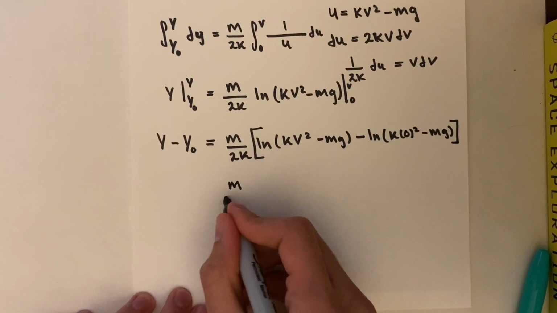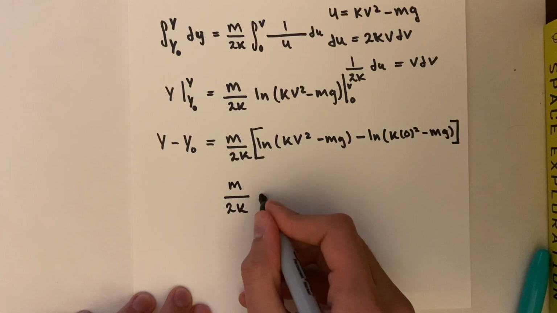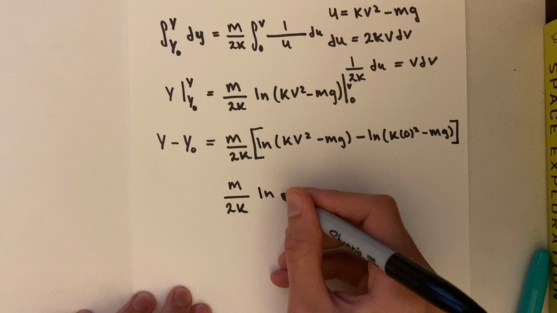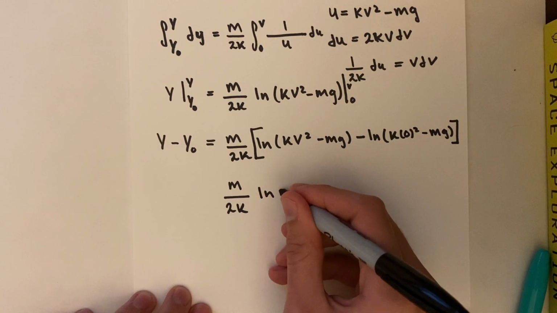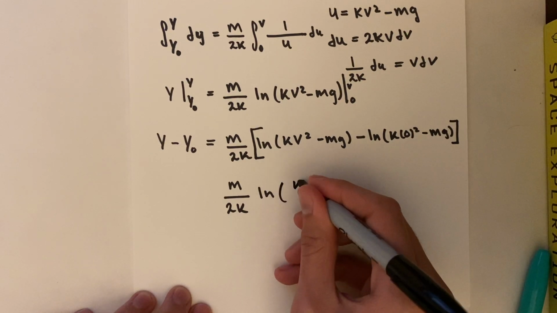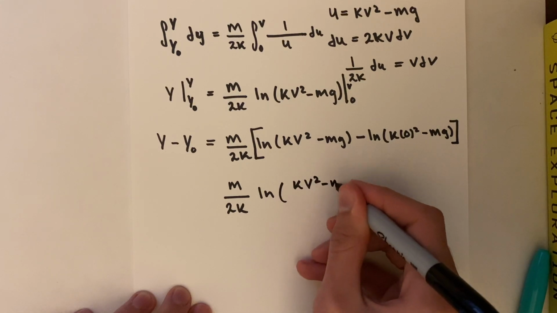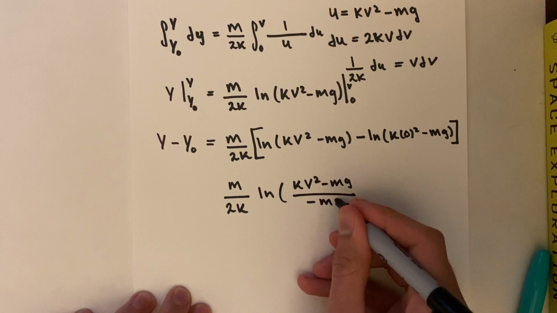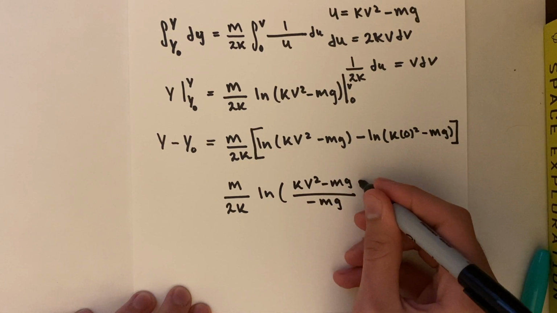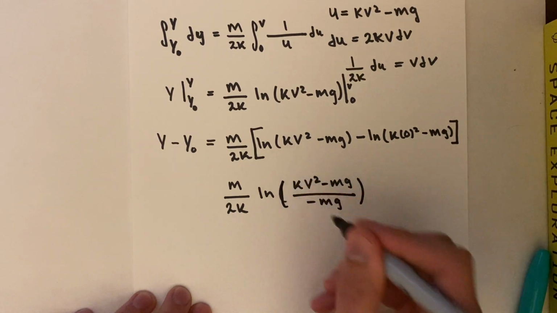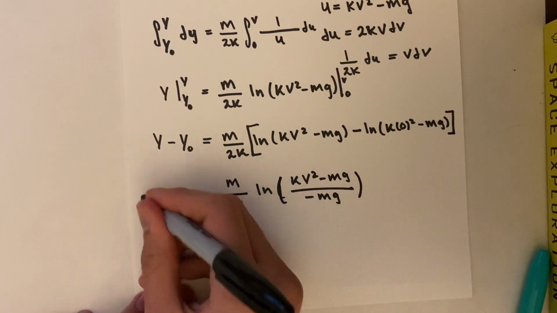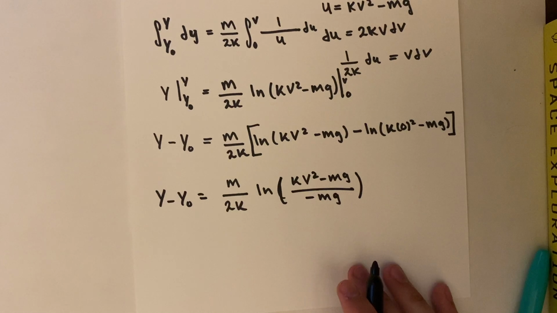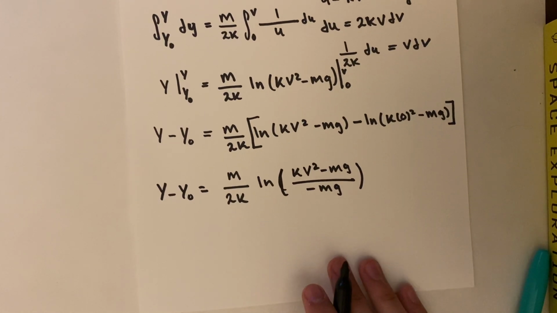So we'd get something like this: the natural log of (kv squared minus mg) all over negative mg. This is equal to y minus y naught.